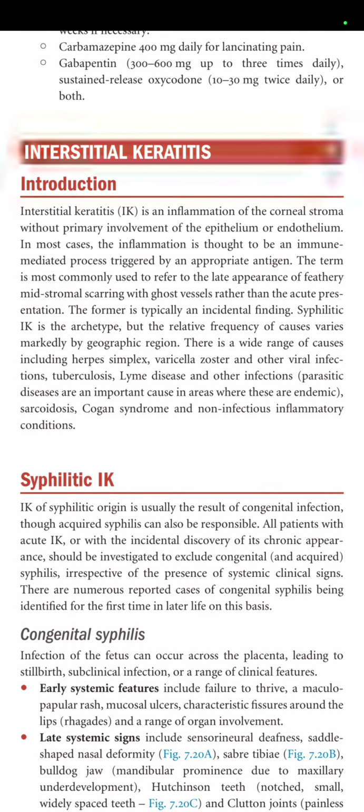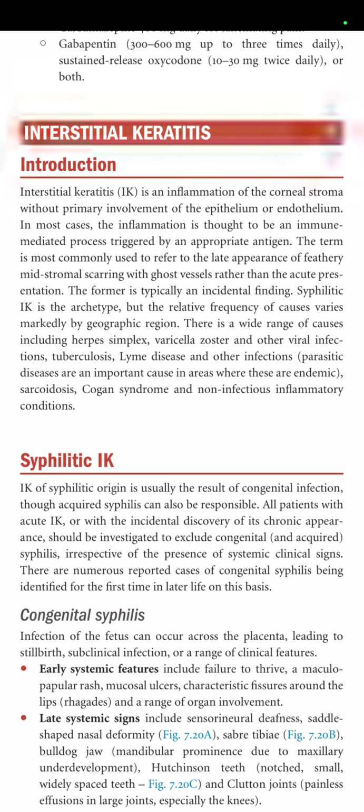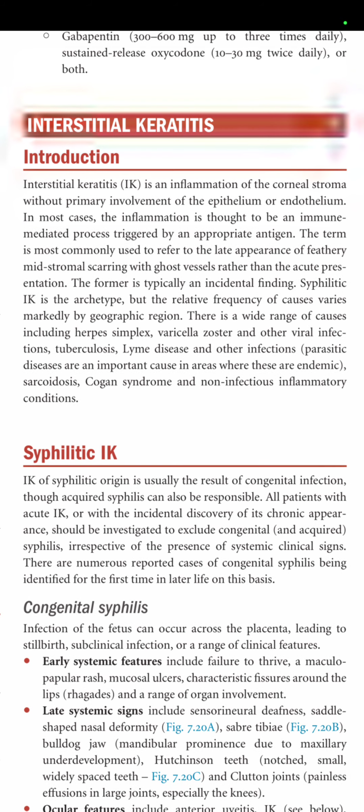Syphilitic interstitial keratitis is the archetype, but the relative frequency of the causes varies markedly by geographic region. There is a wide range of causes, including herpes simplex, varicella zoster and other viral infections, tuberculosis, Lyme disease, and other infections. Parasitic diseases are important causes in endemic areas.